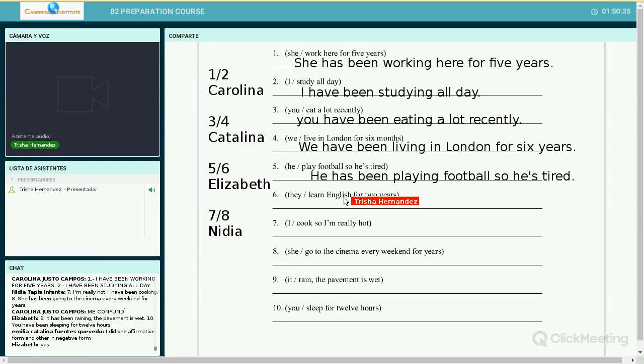They have been learning English for 2 years in this case. This tense is easy, right? Some people get the perfect tenses confusing or hard because we don't manage all the verb forms.